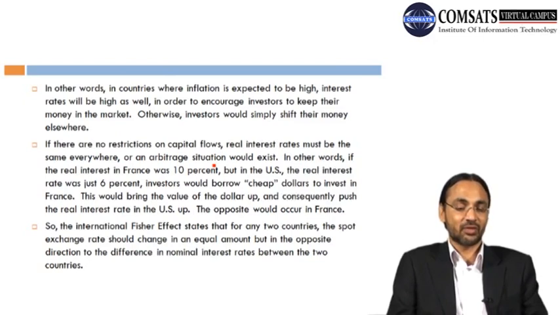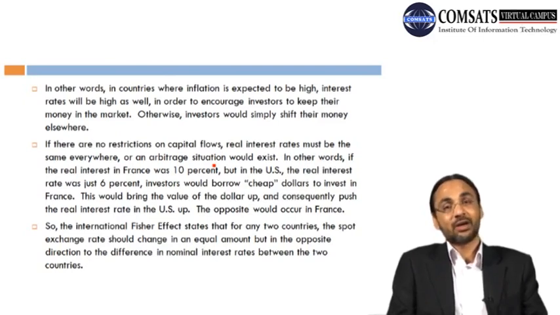In France, people are spending more US dollars, raising money from the US and investing it in France. The supply of dollars in France is higher, and because supply is higher, the rate will go down.